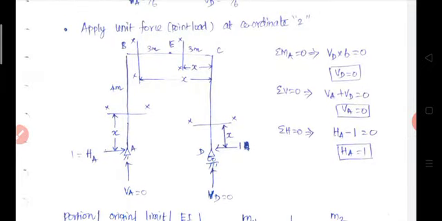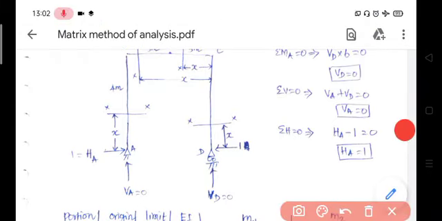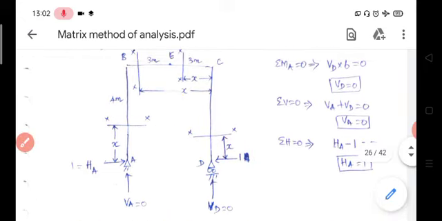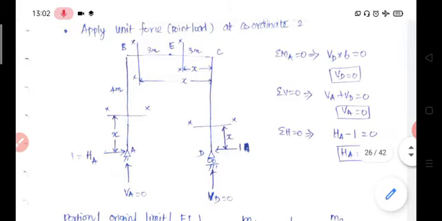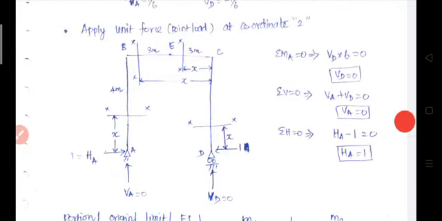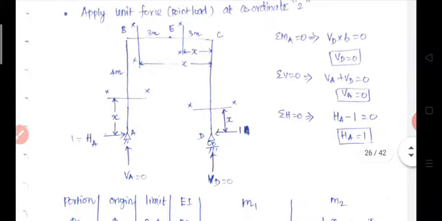So, again for DC portion. After applying this unit force, again we should determine the support reactions. This support reaction is determined from equilibrium equation. After applying equilibrium equation, VA and VD is equal to 0, HA is equal to 1.